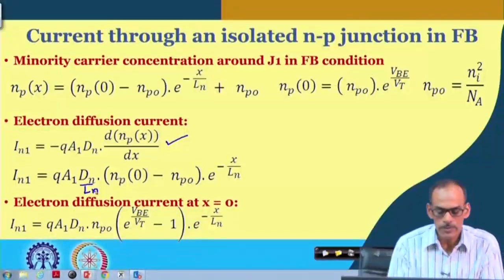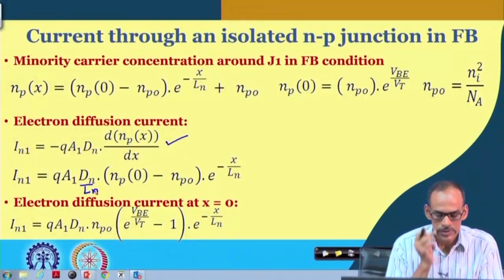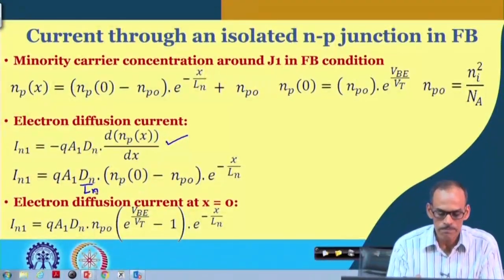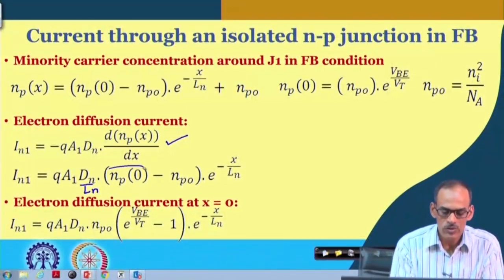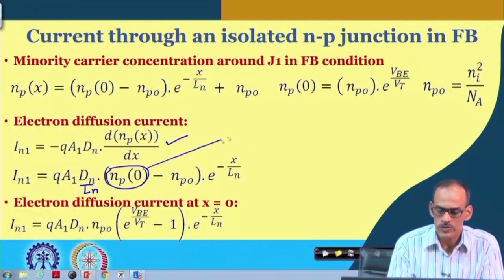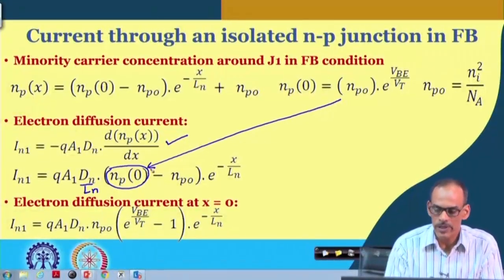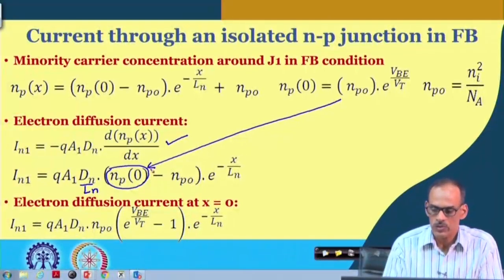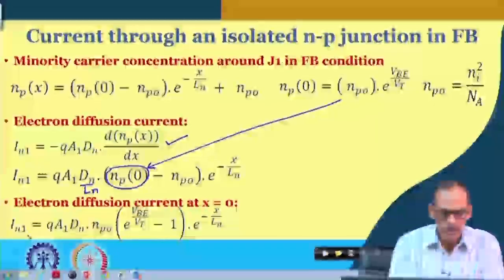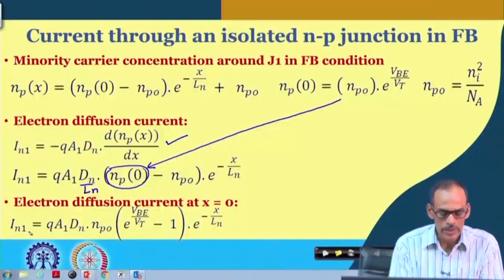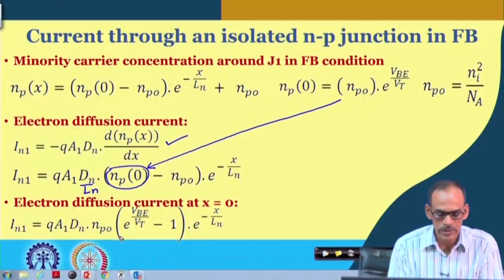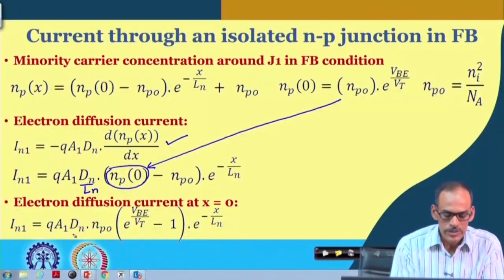This is a correction, and the rest of the things remain the same, namely this part can be replaced by n_p0 e to the power V_B, and so we get the total diffusion current here, and the same mistake is repeated here. So, it should be divided by L_n.